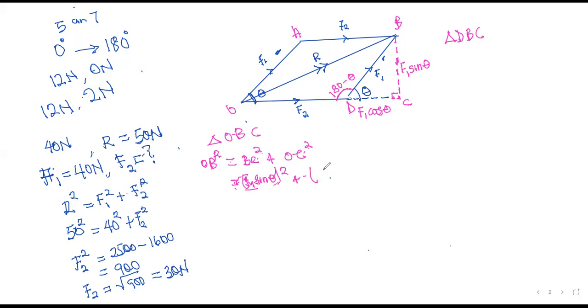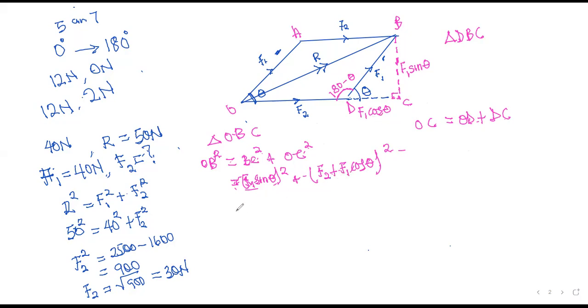OC is F2 plus F1 cos theta, also squared. In fact, OC is actually OD plus DC, and OD is F2, DC is F1 cos theta.